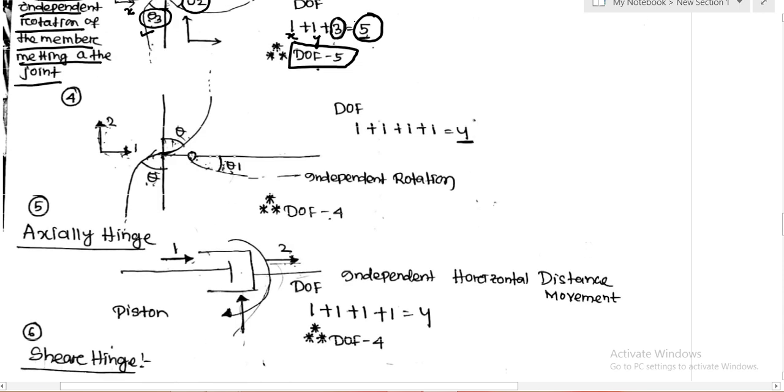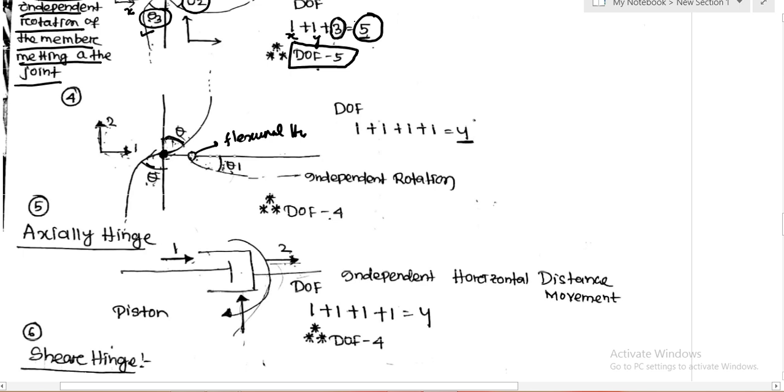But now see case 4, where the flexural hinge is at some distance from the rigid joint. This one is a rigid joint, but this one is called a flexural hinge, present in the member at some distance. At the rigid joint, this member can rotate, and the other members also can rotate together, but this hinge is very near to this rigid joint.